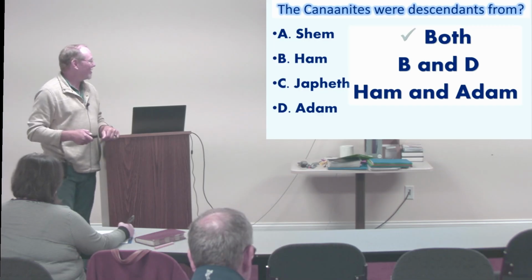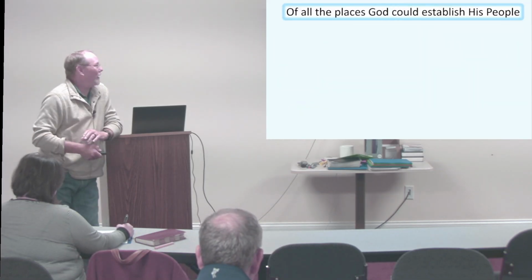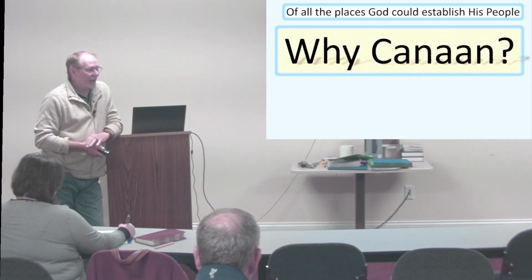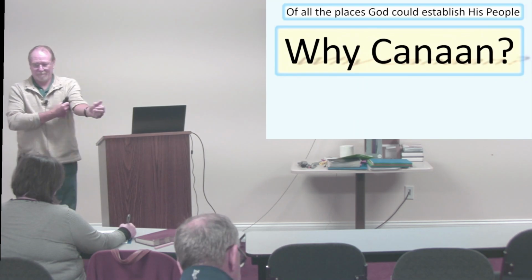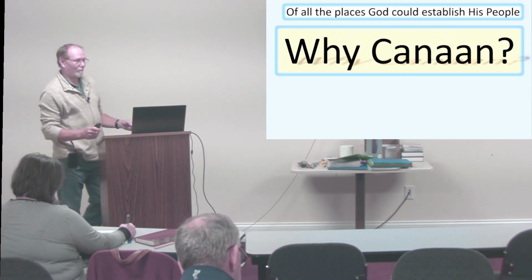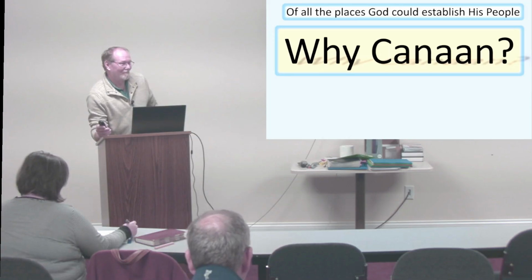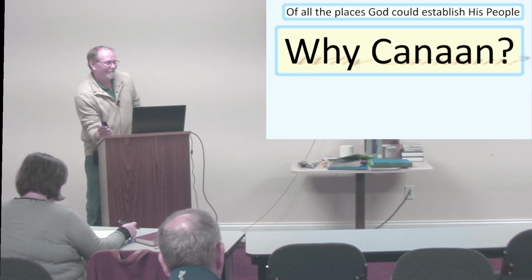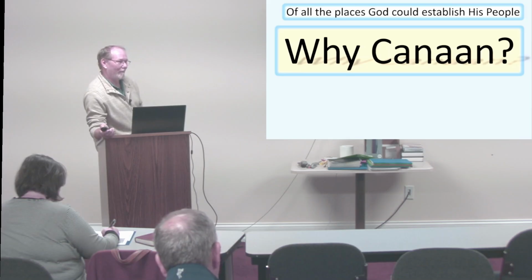So Ham and Adam. Of all the places God could establish his people, why Canaan? Partly because it was the place he promised their great-great-great-grandfather to do it. It's where he promised Abraham he was going to do it. So it's part of the reason he establishes his people there.